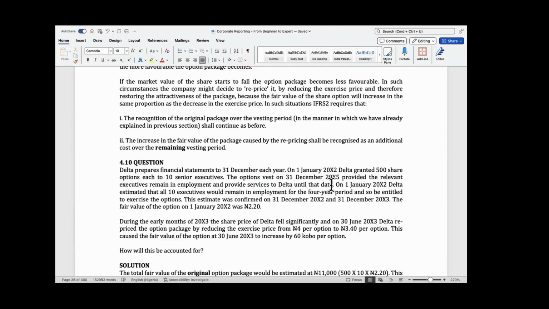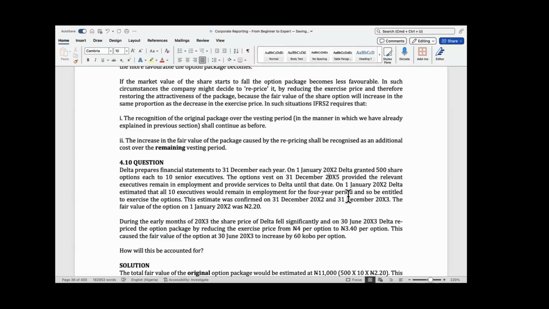Okay, so this one is saying they issued 500 share options to 10 employees. It will vest on 31st December 2005. That's after 2, 3, 4, 5. That's 4 years.